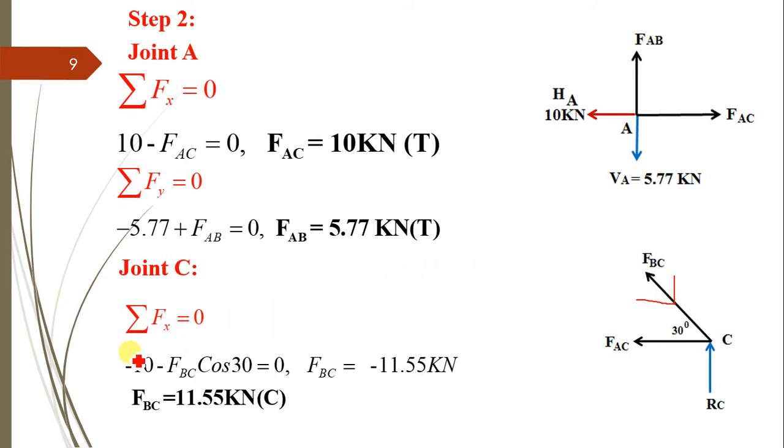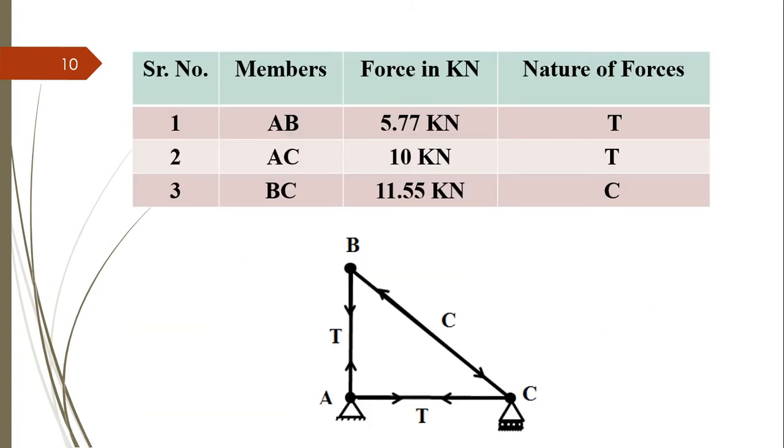Applying the conditions of equilibrium, summation of Fx equals 0, we get FBC equals minus 11.55, which means it is a compressive type of force. So in this way, the forces in the three members are determined. Finally we summarize the forces AB, AC and BC and the nature of force: AB tension, BC compression and AC tension.